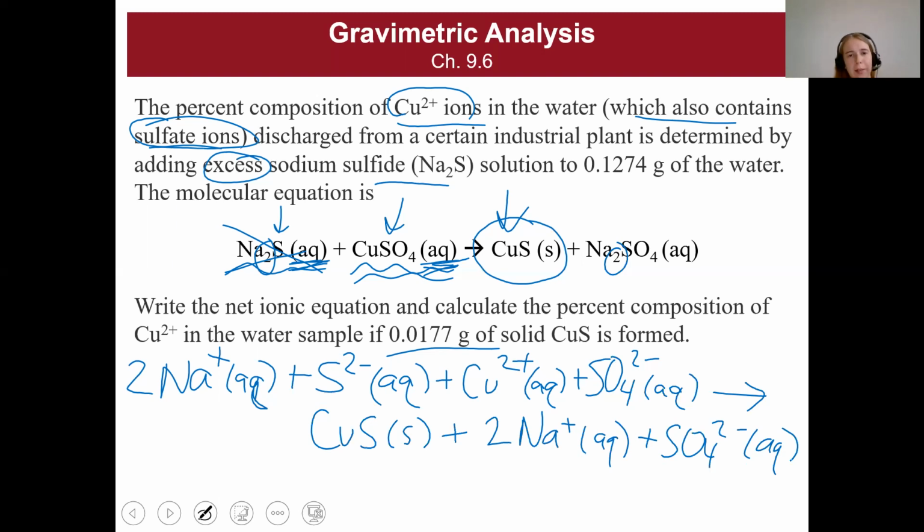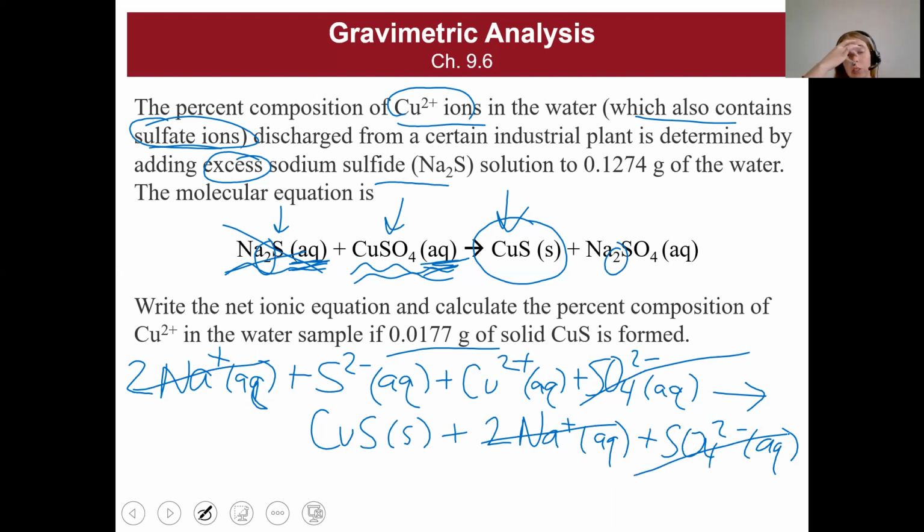All right, so when we write our net ionic equation, we want to get rid of our spectator ions and just have the ions that form our solid product. So we look for the things that are the same on both sides of our equation. 2 sodium ions are the same on both sides. Sulfate ion and sulfate ion are the same on both sides.